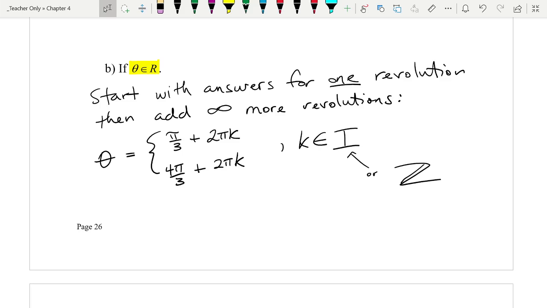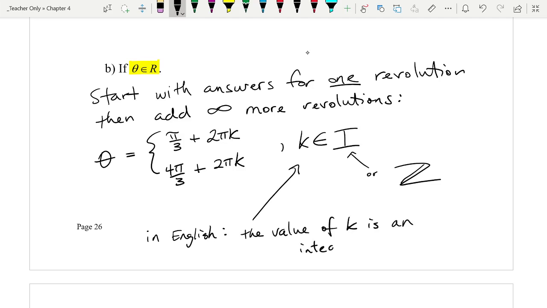Now, remember what this says, right? I'll translate this to English. In English, this says the value of k is an integer, which makes sense, right? Think about it.